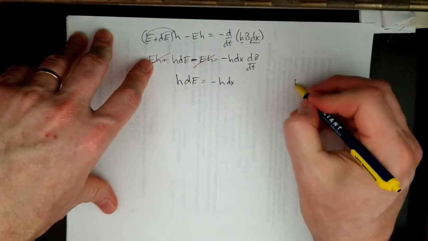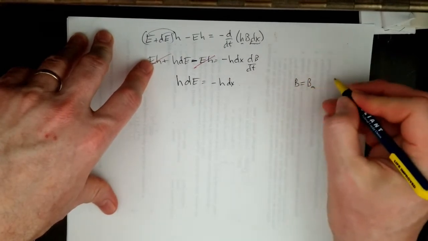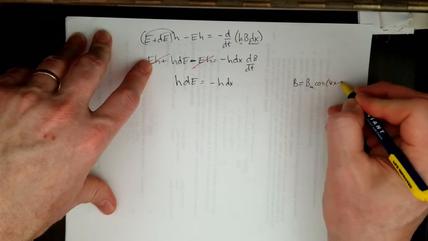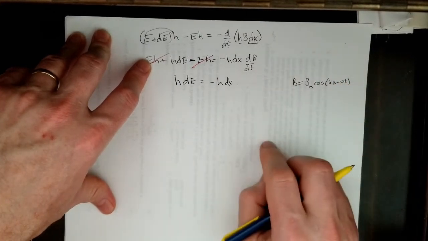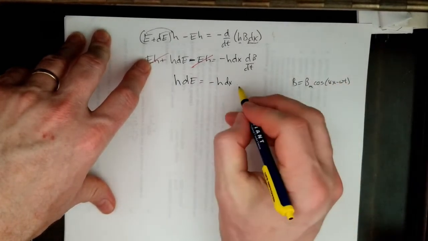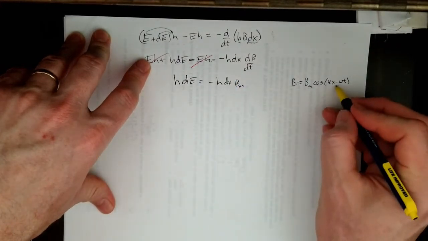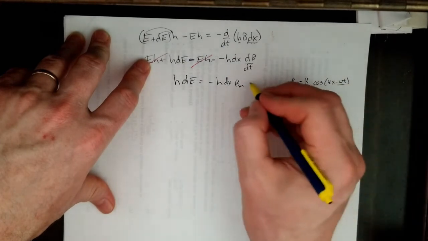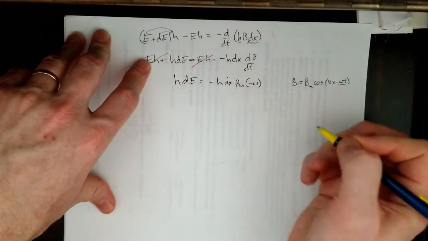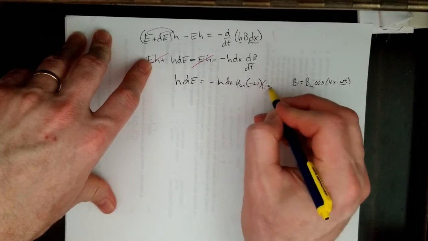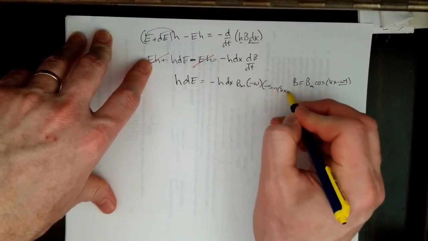And then dB/dt, remember that B is equal to some maximum value times the cosine of kx minus omega t. So dB/dt becomes Bm. Derivative with respect to time, this is the part we're affecting, so we got a negative omega. And then derivative of cosine is negative sine of kx minus omega t.